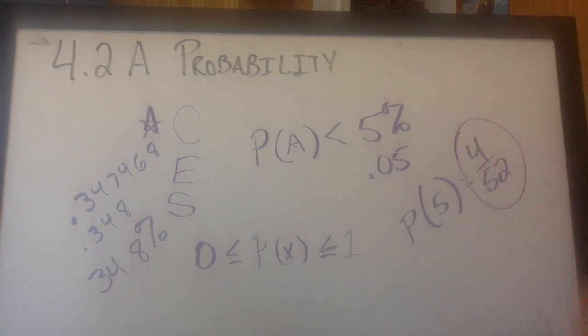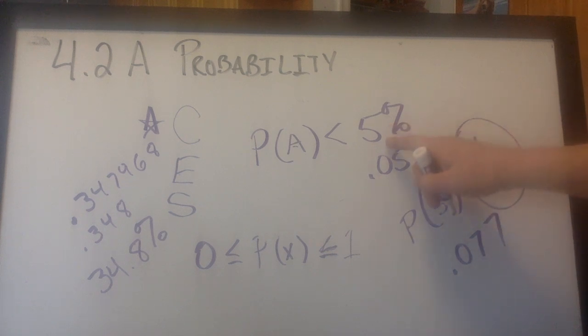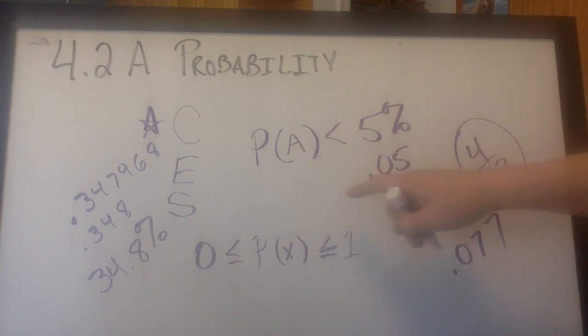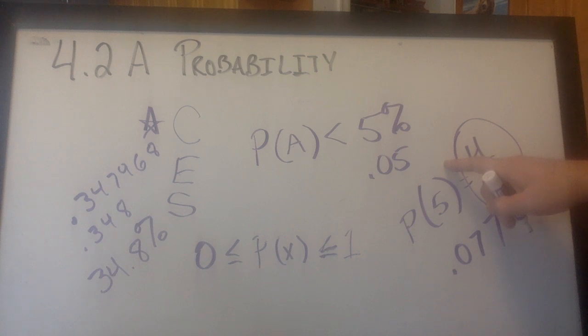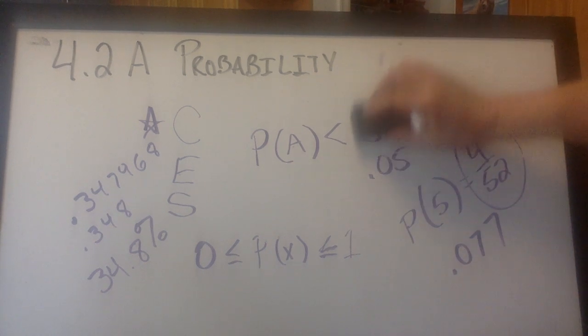Well, do you know if that's less than 5%? I do not know. So I take my calculator and I divide. 4 divided by 52, and that's 0.077. That is not less than 5%, so therefore it is not unusual. Okay? All right, there's your lesson.